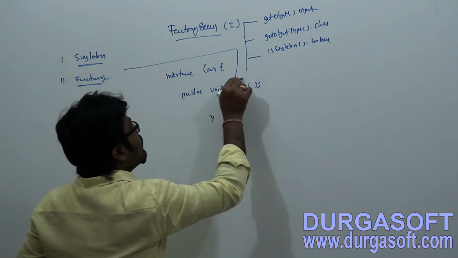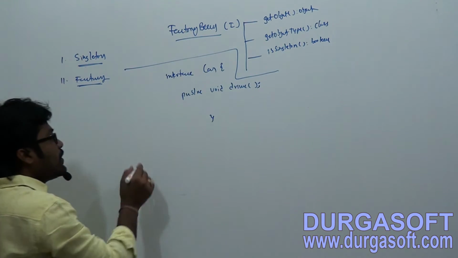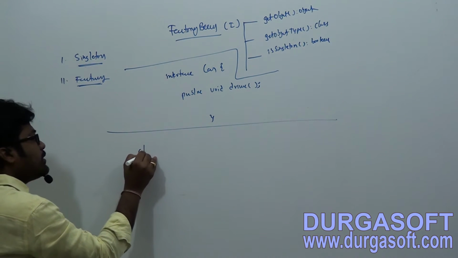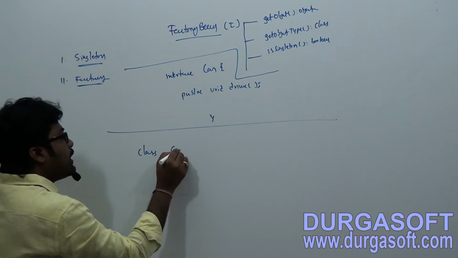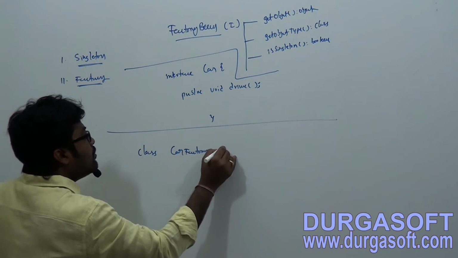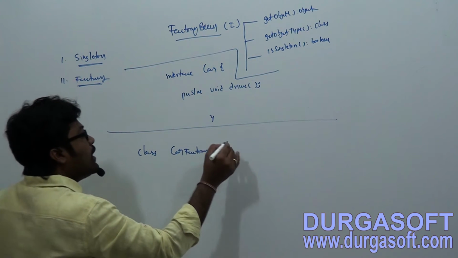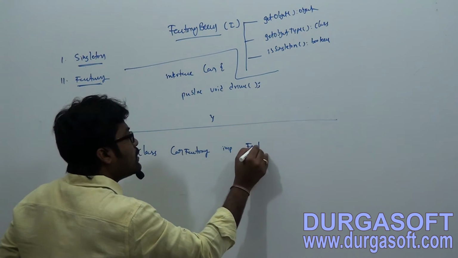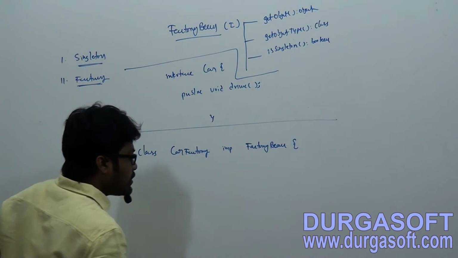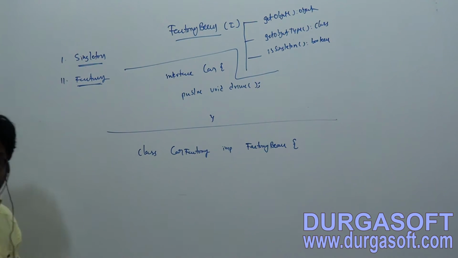So for this Car, if you want to implement a factory, you can use this interface. How to implement it? Class CarFactory implements FactoryBean interface. We know how to implement static factories and instance factories.